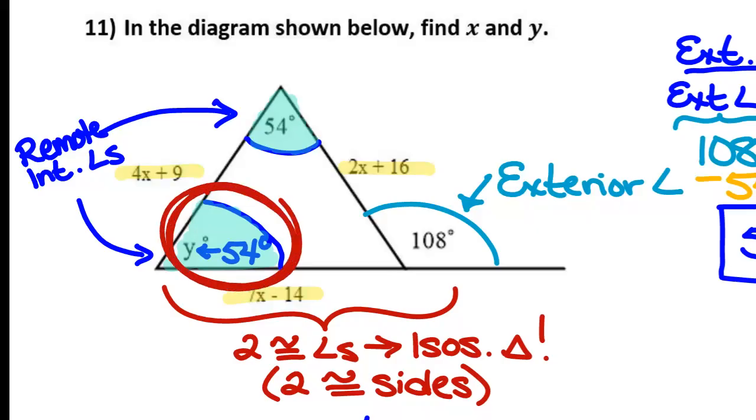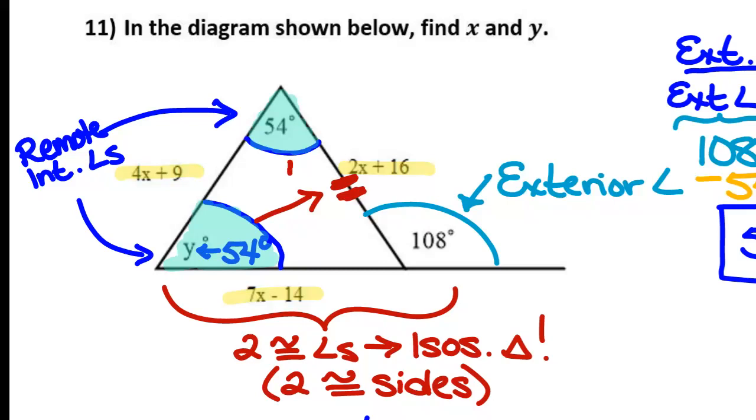So this is one of my congruent angles. This is the side that is opposite that angle. So that's one of my two congruent sides right there. What would the other congruent side be? Yep, 7x minus 14, opposite that top angle, this guy down here.